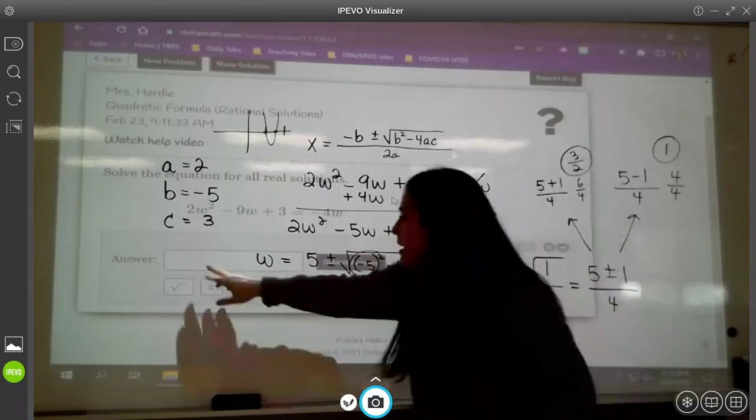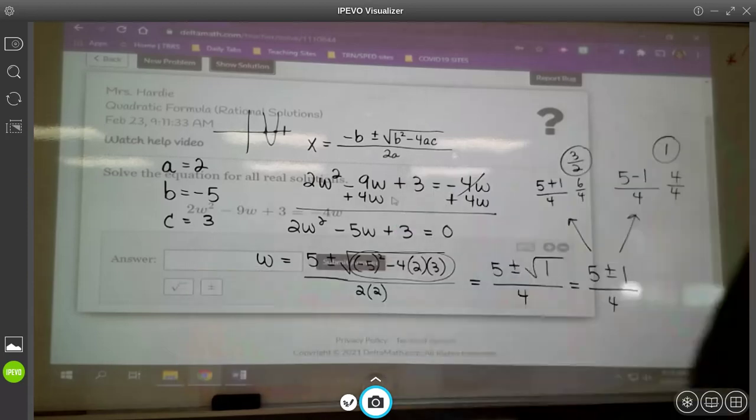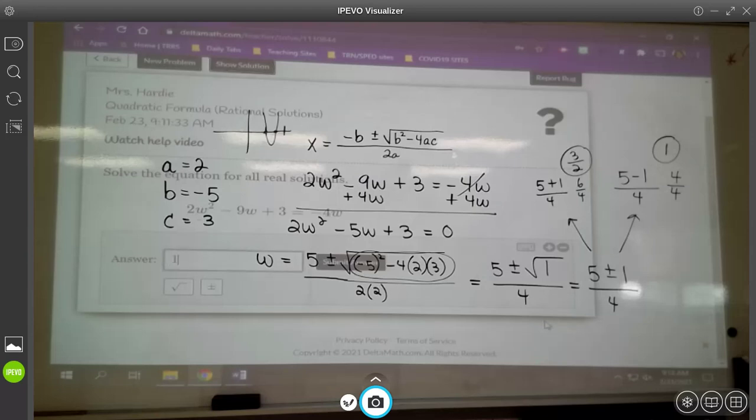You are going to write it as 2 separate answers, so you technically need 2 answer boxes. So my first answer, it doesn't matter the order, I'll just say was 1. If you type 1 into the answer box like I have, you can either come over here and hit the plus sign, and that'll create a second answer box for your second answer, or the minute you hit a comma, like you were going to list the answers, it automatically creates that second answer box.